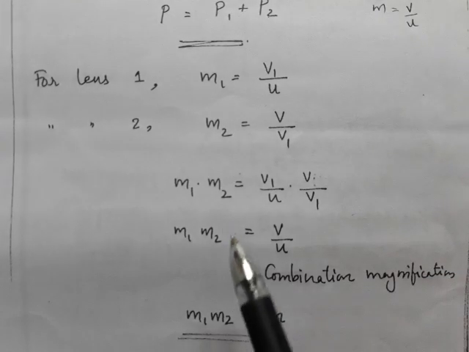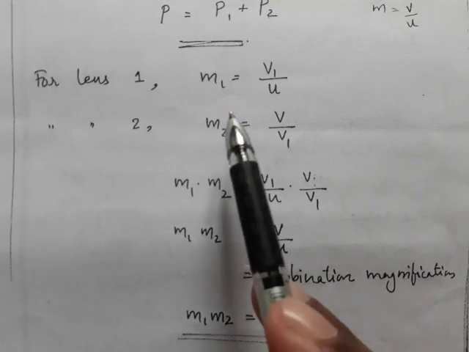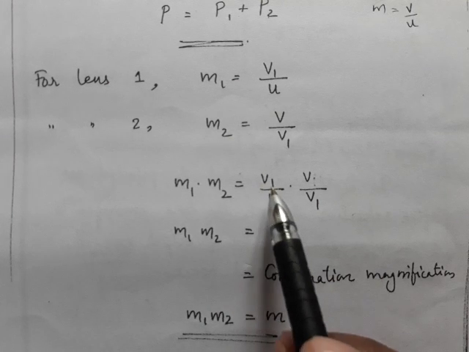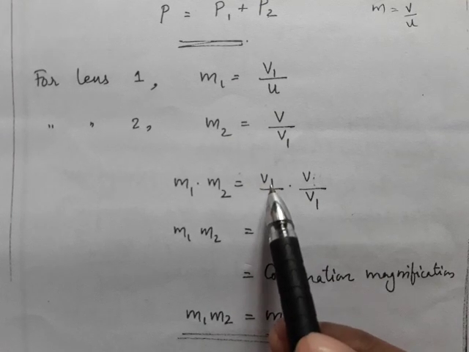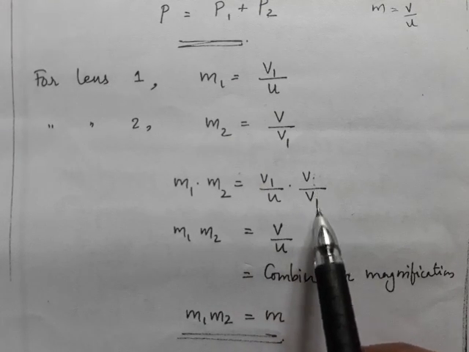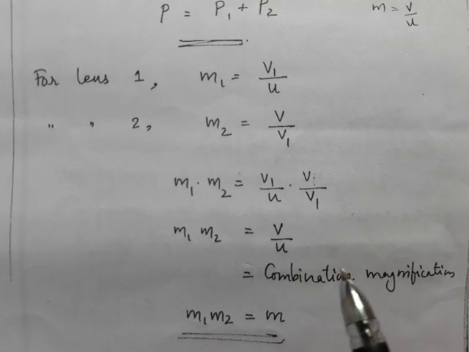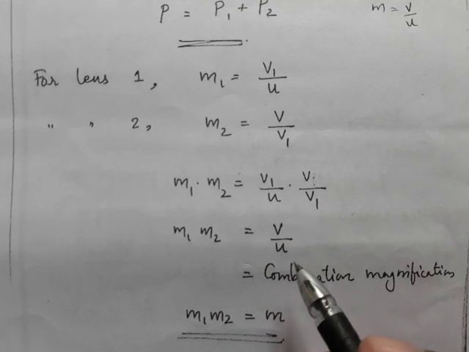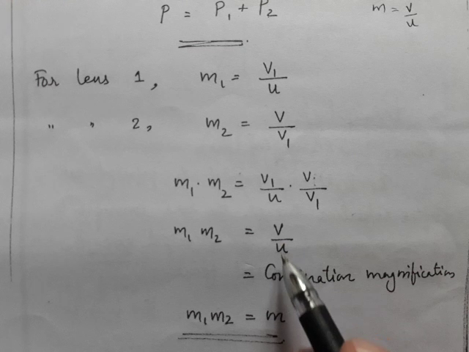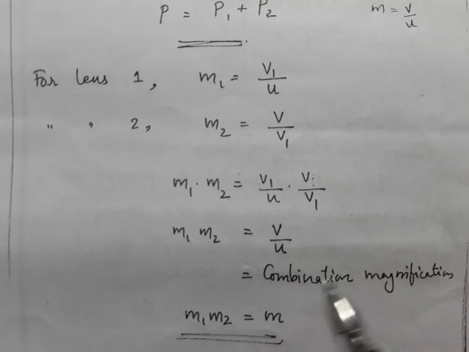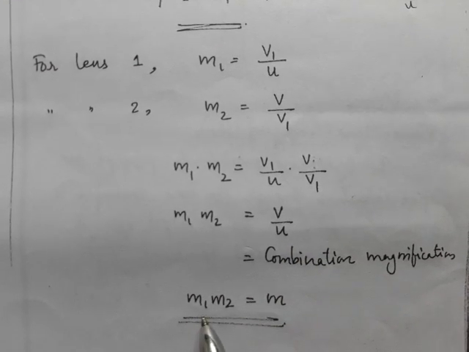We have m1 and m2. If we multiply m1 and m2, we get v1 by u into v by v1. So v1 cancels, we get v by u. Just now we said v by u is the effective magnification. So the effective magnification m is nothing but the product of the magnifications produced by the individual lenses.